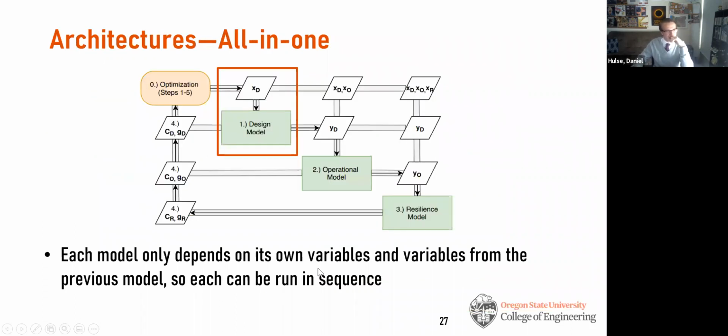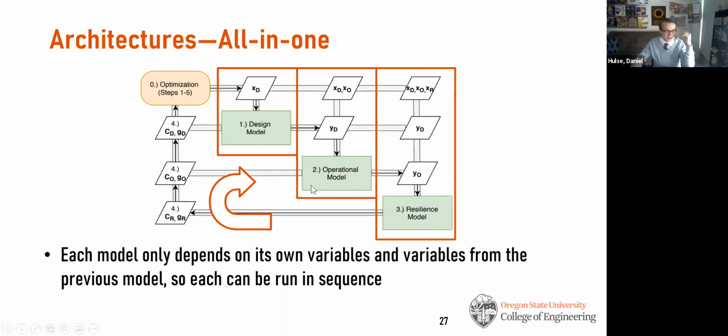And what this gives us is the ability to have an all-in-one architecture where we just run each model in sequence. At each step, we give the design model a set of design variables. It outputs some variables. Those outputs go into the operational model along with the design and operational variables, which in turn go into the resilience model along with the design, resilience, and operational variables.